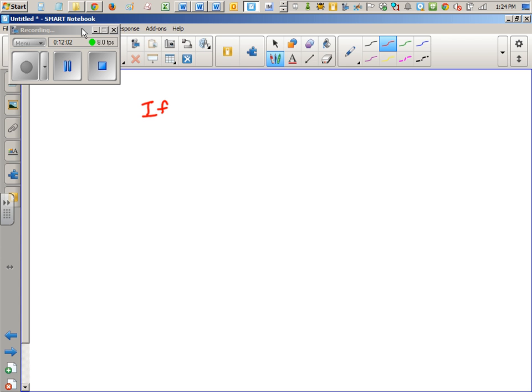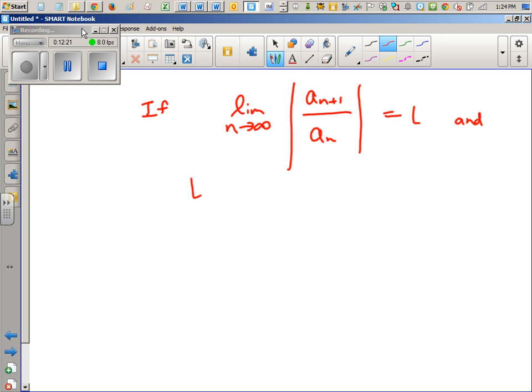If the limit, as n goes to infinity, of the absolute value of the n plus first term over the nth term is equal to L, and L is less than 1, then we have convergence. In fact, it's absolute convergence.